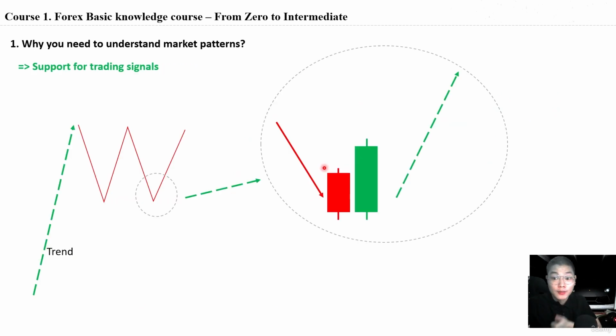And the second one: price patterns will support you in trading. For example, here our trend now is an uptrend, right? And you can see price creates a structure, or pattern, that is a double top pattern. When you zoom in a little bit on this structure, you will see at the low of this structure there is a candle signal like the engulfing.